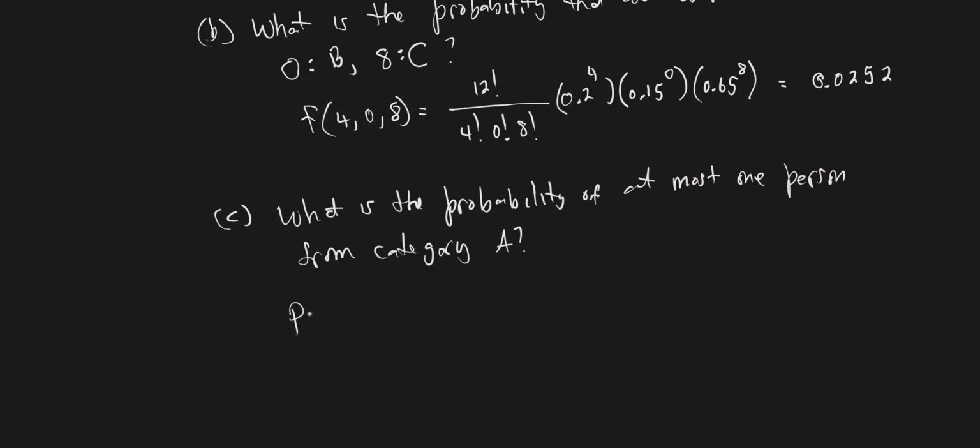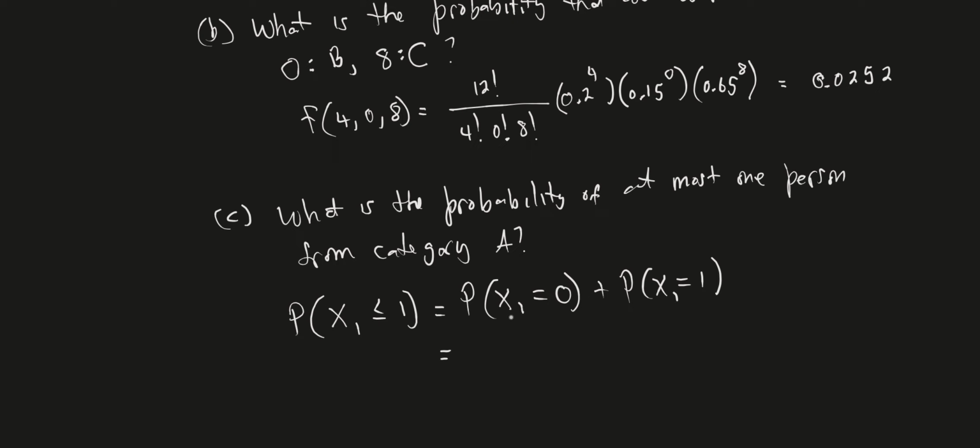The probability that we observe at most one person in the first category: we know what at most one means. That's the probability that our x1 is either equal to 0 or equal to 1.